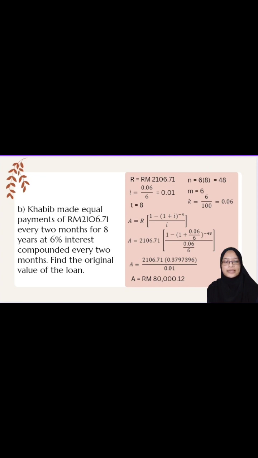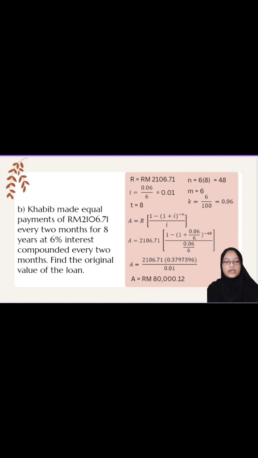So k equals 6 divided by 100 equals 0.06, compounded every 2 months, so m is 6. n equals m times t, so n equals 6 times 8 equals 48.